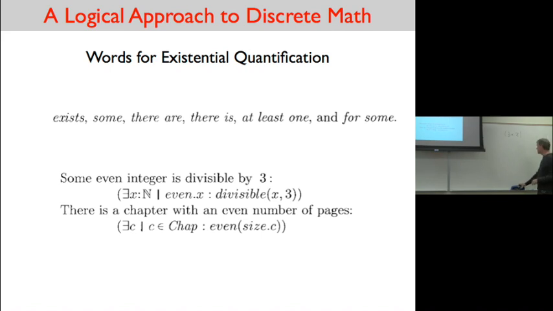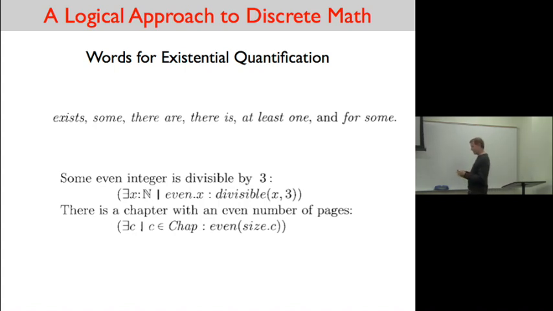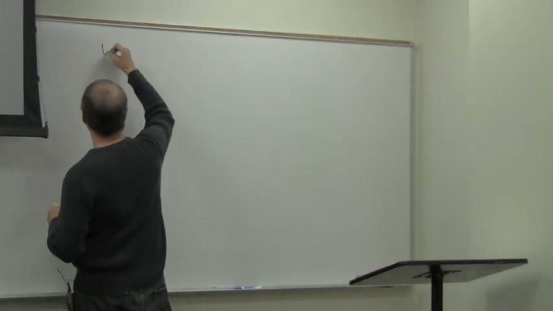Now let me give you another example of switching between English and formal methods. What is the negative of all integers are even? Check this out.